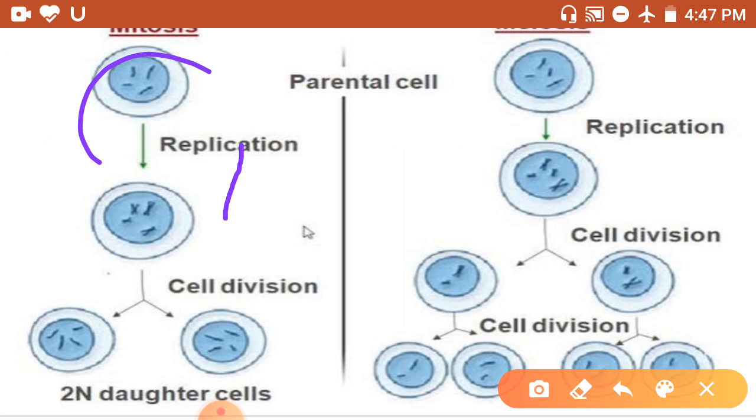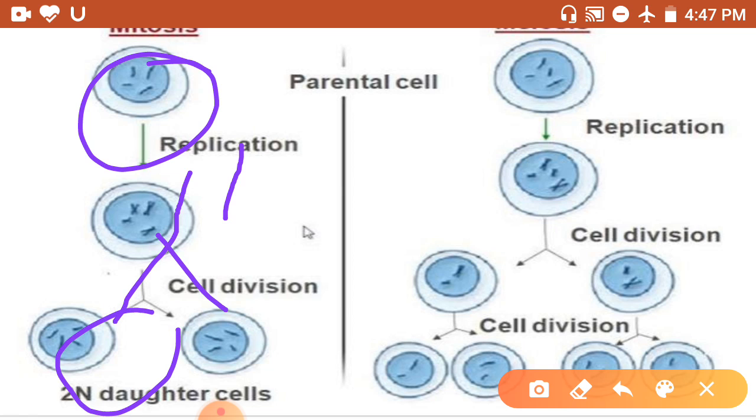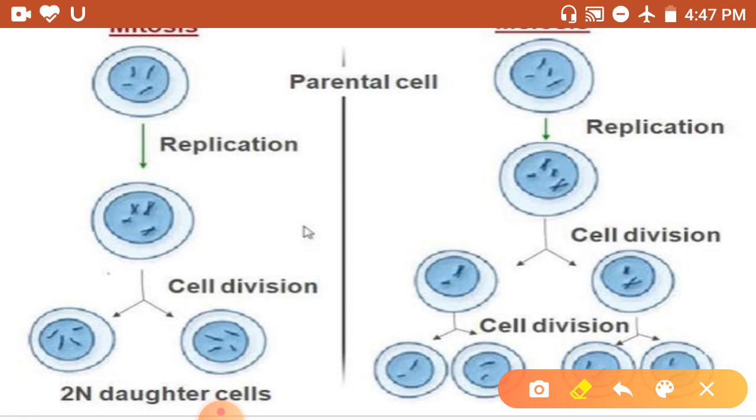This is the mother cell. The daughter cells have the same number of chromosomes, meaning they have the chromosomes present inside.